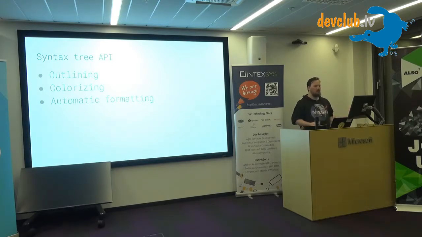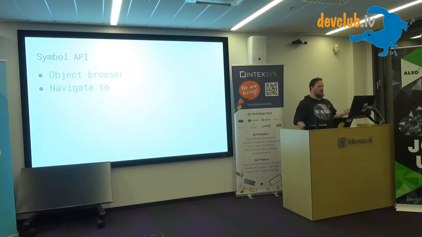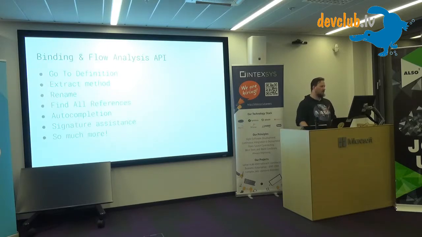Syntax tree API. All the automatic formatting, inserting spaces for you because you're too lazy, all those kinds of things. Syntax tree API, fantastic. The symbol API is used less, obviously, in Visual Studio, but it does things like the object browser, or if you press Control comma and type in the name of your class or search stuff, symbol API.